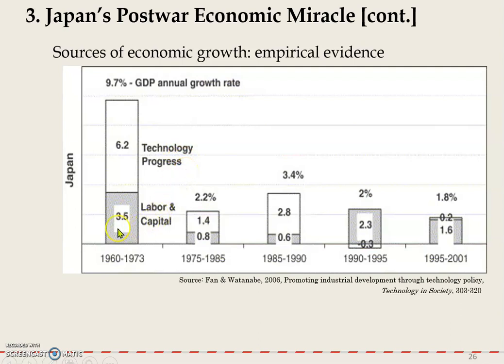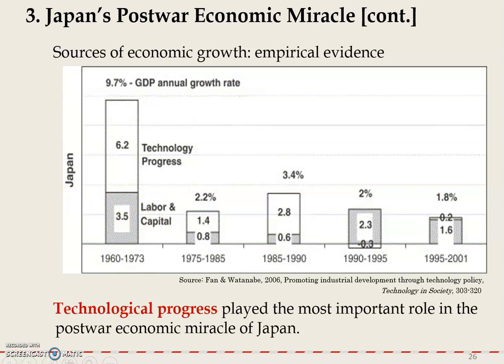Okay, and only 3.5 percentage points were contributed by labor and capital combined. And that simply means technological progress played the most important role in the post-war economic miracle of Japan.